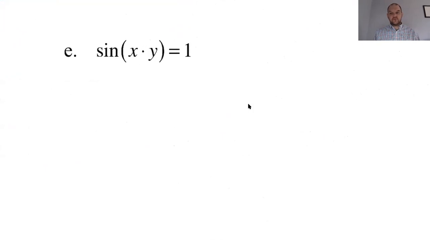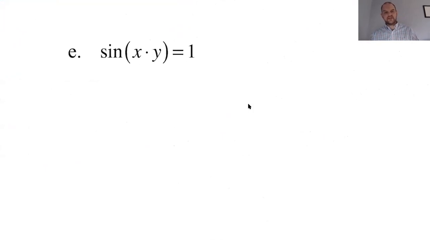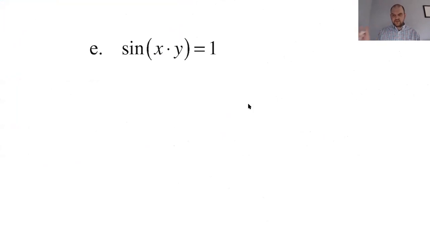Okay, this problem is going to be really interesting because there's something going on here. When we get the answer, I'll show you what I think is going on. So skipping that step, the derivative of sine of something is cosine of that thing times the derivative of that thing. The derivative of this is super annoying.